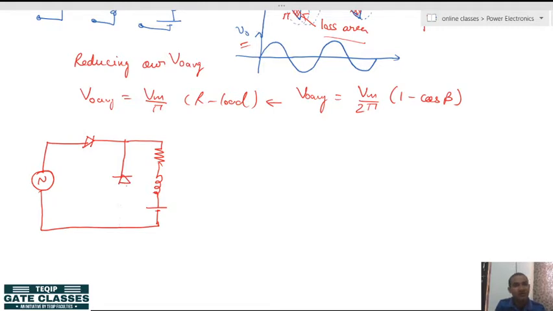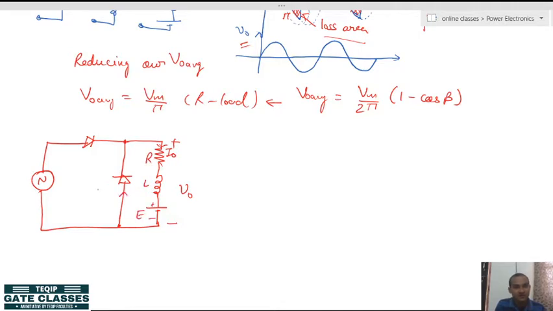The freewheeling diode is made anti-parallel to the load. So let us make the references. This is our V naught, this is I naught, RLE with these polarities.